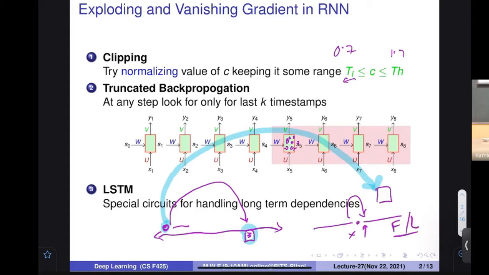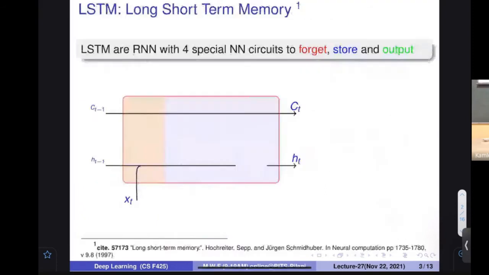So we are going to see a specialized circuit called LSTM that devotes special neural network circuits that can do these tasks. What are these tasks? Let me talk about this. There are three important tasks: what to forget, what to store, meaning what context I'm going to maintain, and what to output.